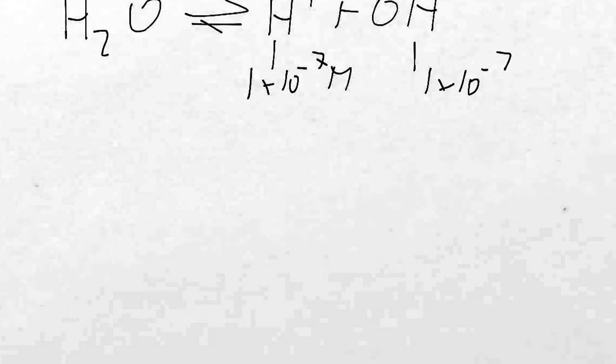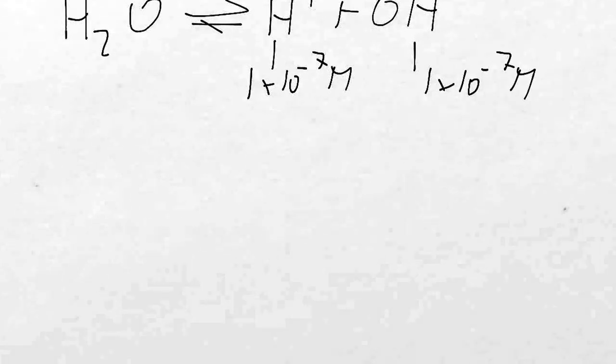It's the same, exactly, because for each proton that we get, we also get one hydroxide ion. So that would be 1 times 10 to the minus 7 molar. Yeah? That makes sense.